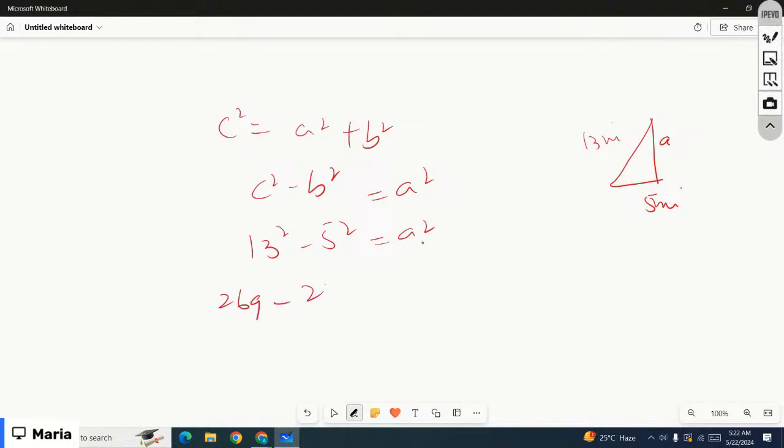269 minus 25 equals A square. That is 144. 244. Hold on.